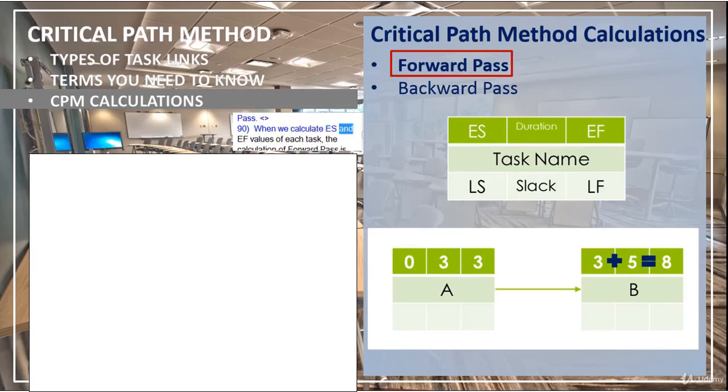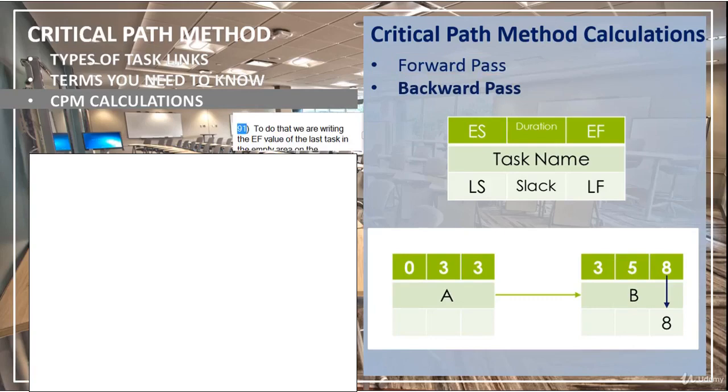When we calculate ES and EF values of each task, the calculation of forward pass is complete. Then, we move on to backward pass calculations. To do that, we are writing the EF value of the last task in the empty area on the bottom right.